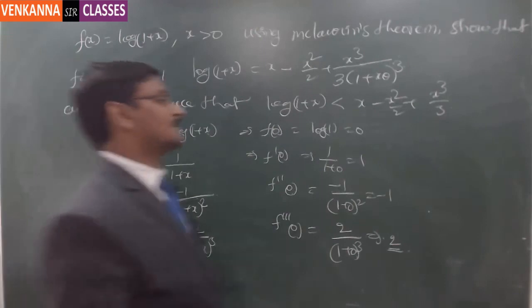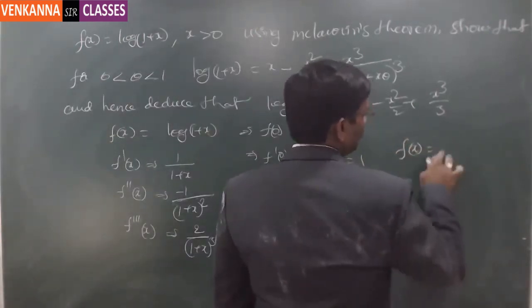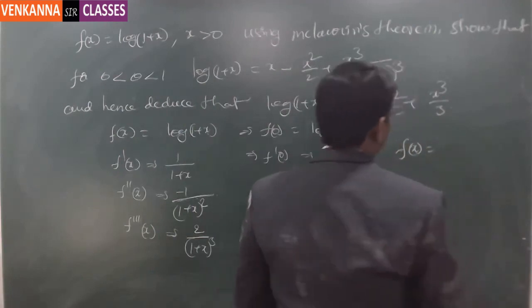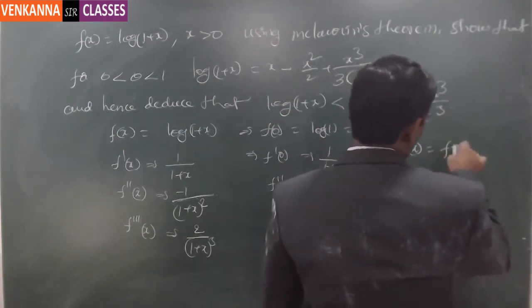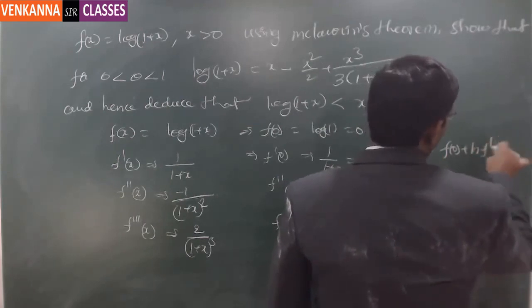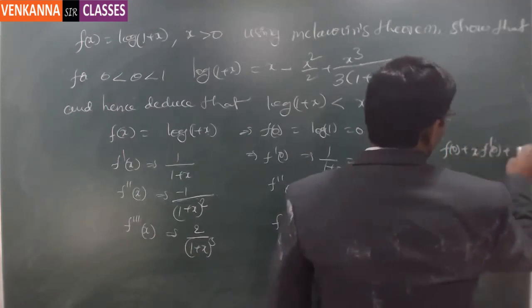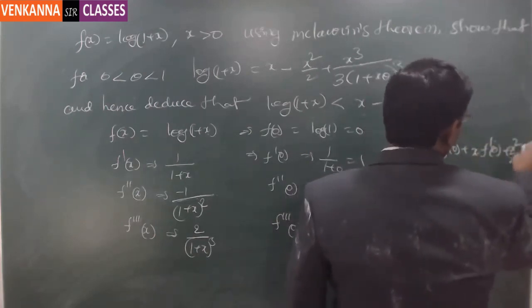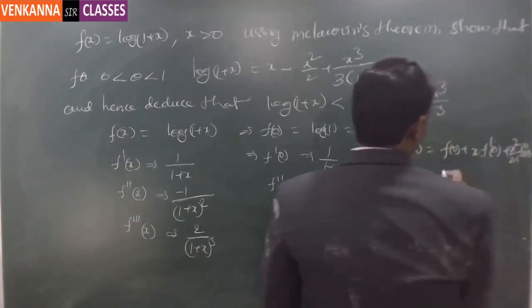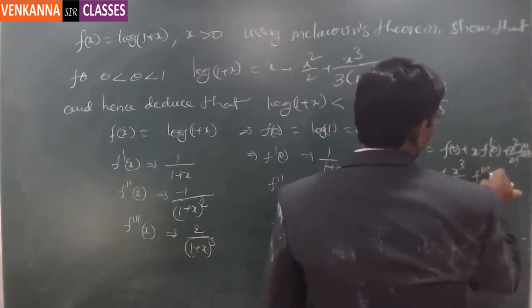Now the Maclaurin series can be expanded as f of x is equal to f of 0 plus x into f dash of 0 plus x square by 2 factorial into f double dash of 0 plus x cube by 3 factorial into f triple dash of 0.